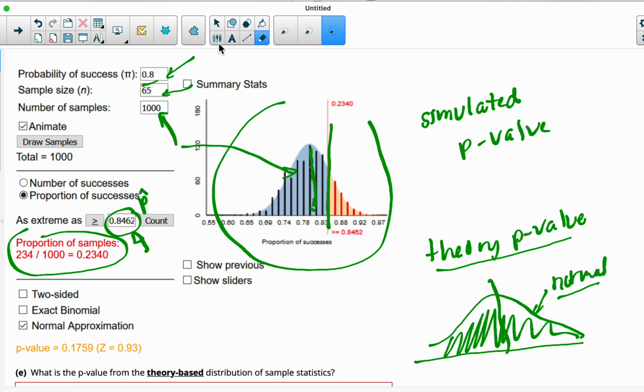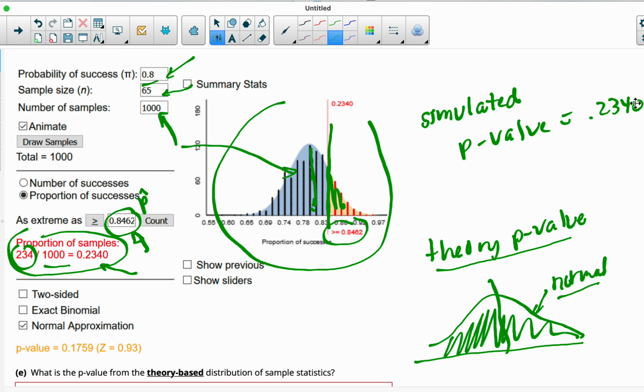Your observed statistic was 0.8462. It counts out of all 1,000 dots, 234 out of the 1,000, so 0.2340. That's your simulated p-value. That's counting up dots.